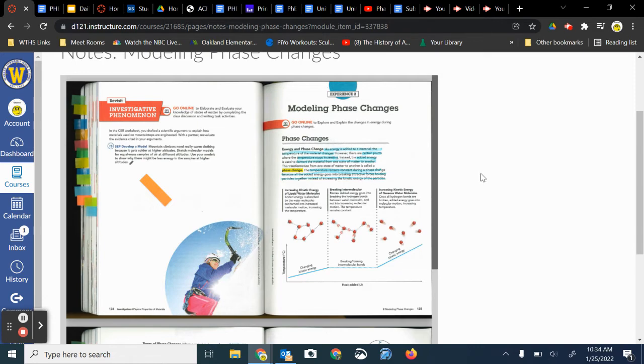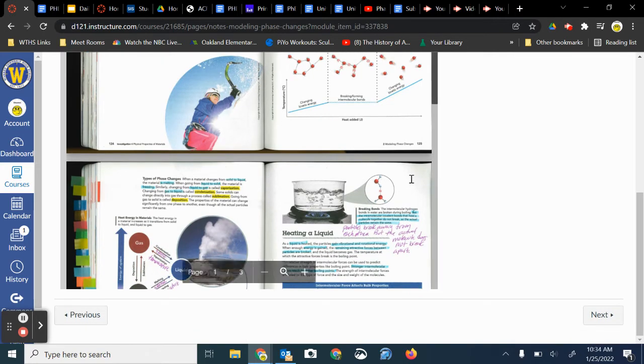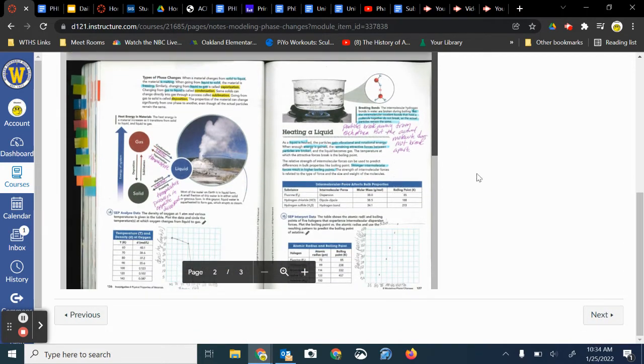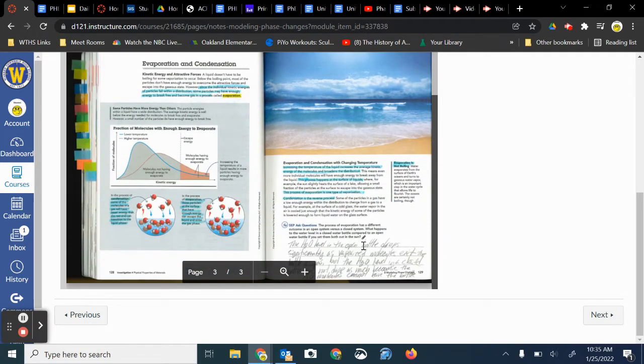So you want to take a look, highlight your own textbook based on what I have here. Also, you want to take a look and answer the questions. Okay. You want to make sure to do our graphs that you see here. And then also make sure that you're adding in any of these additional annotations that you see that I have added in just for additional clarification so that we are ready to go.